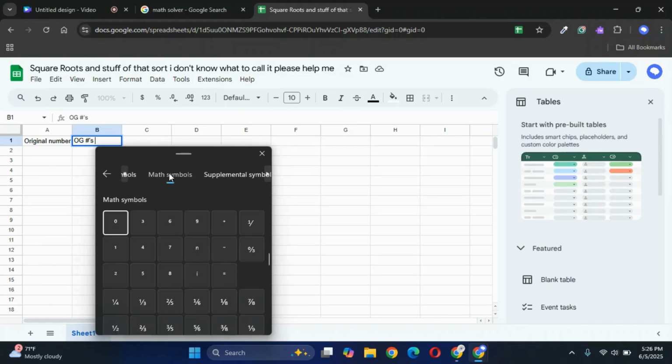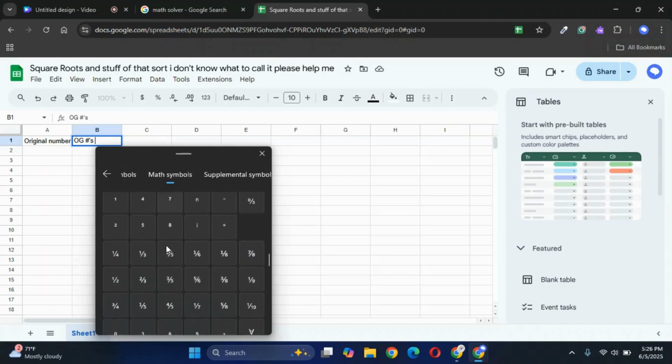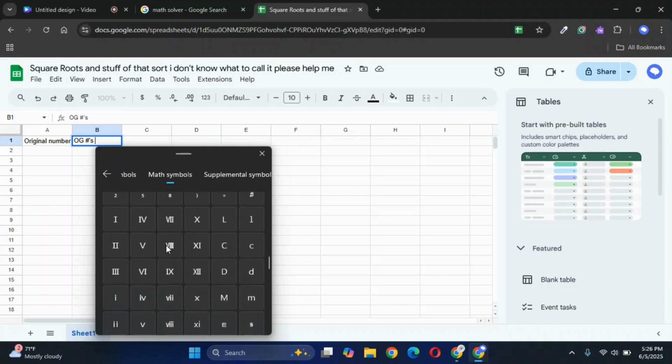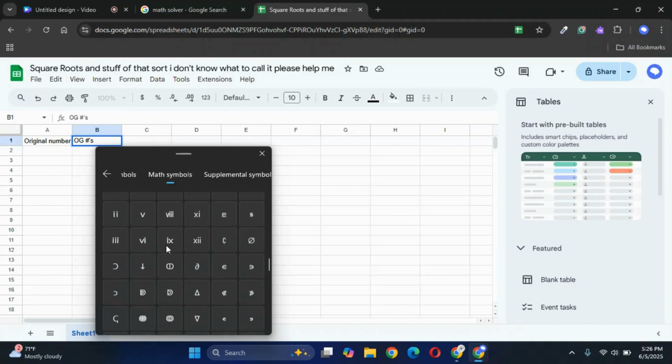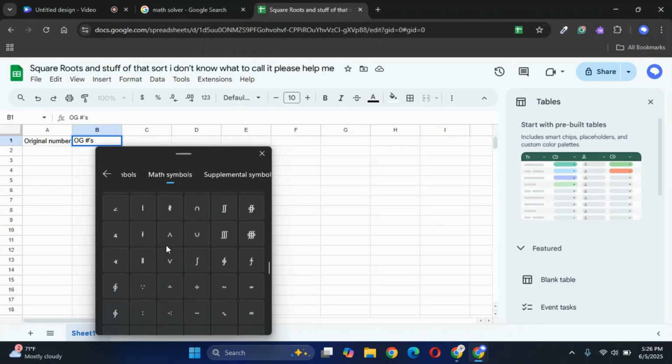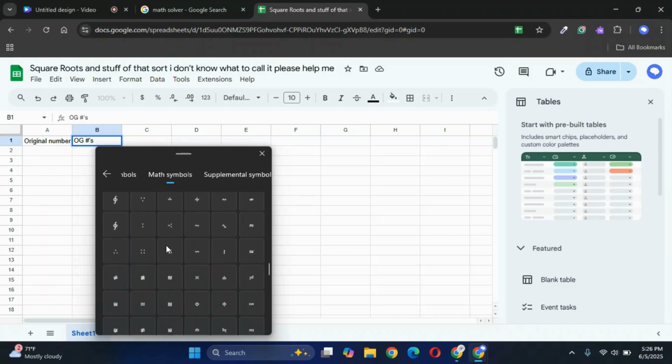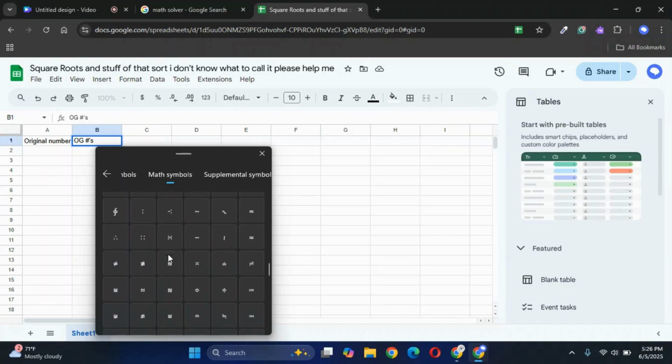What? Math symbols. Going through this is like going through Markwood. What is this?